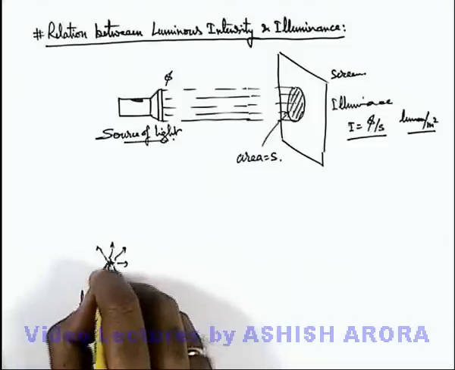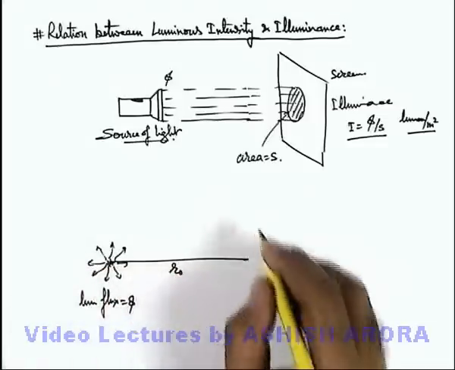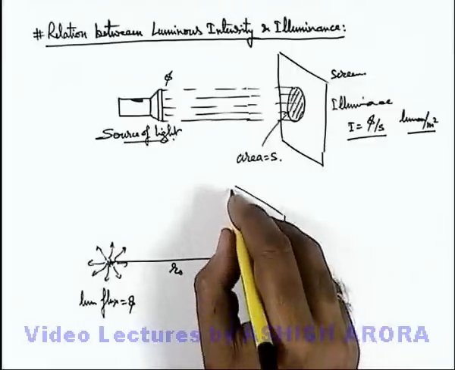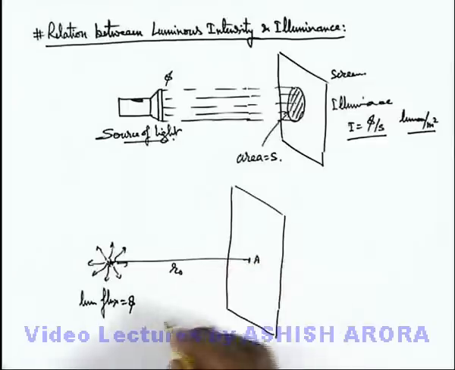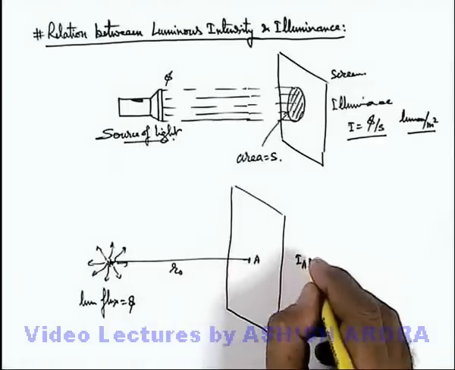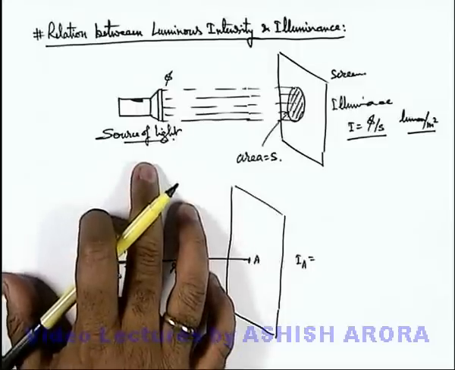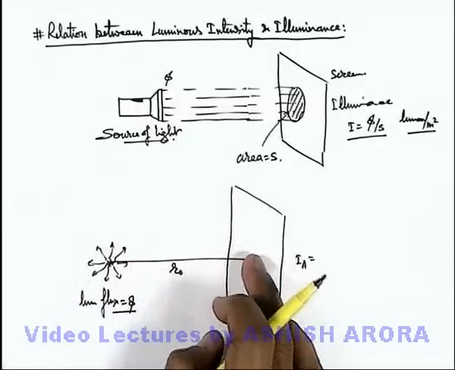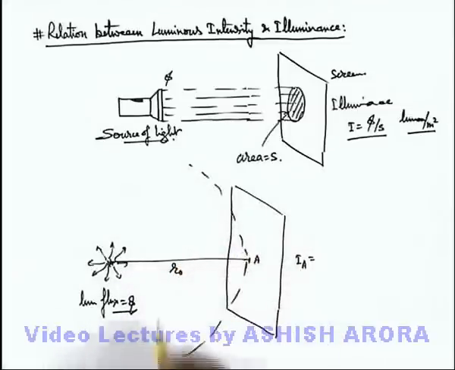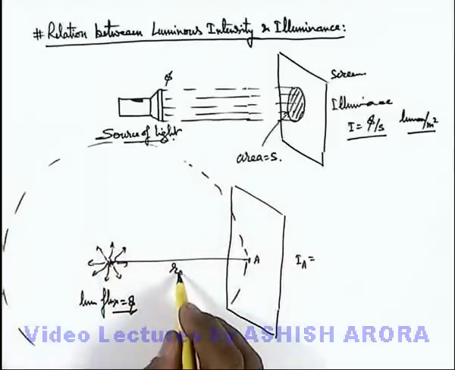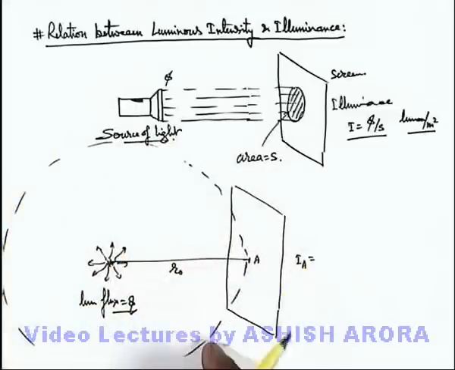And in this situation, say at a distance r0 from it, we consider a screen, and if we just talk about the luminous intensity at this point A, then this IA we can simply give as the total luminous flux which is emitted in all directions. The flux which is reaching point A will be distributed, the total flux phi is distributed in a spherical region of radius r, and when it is crossing point A, it is passing through the total spherical surface.